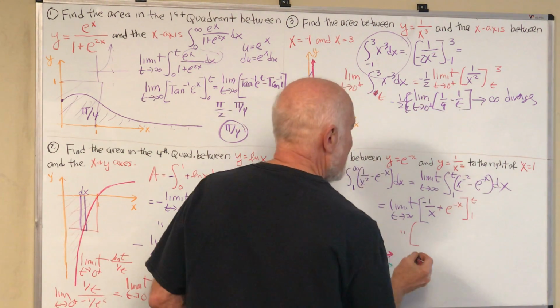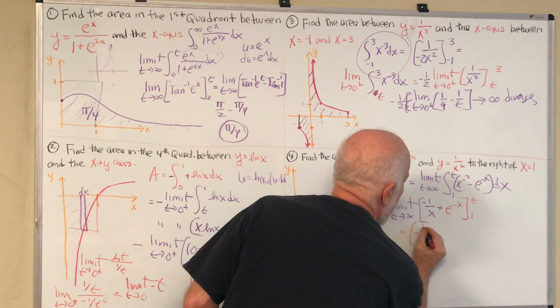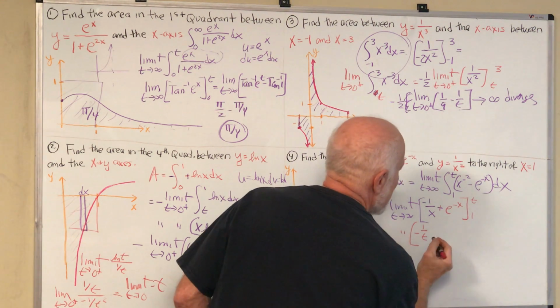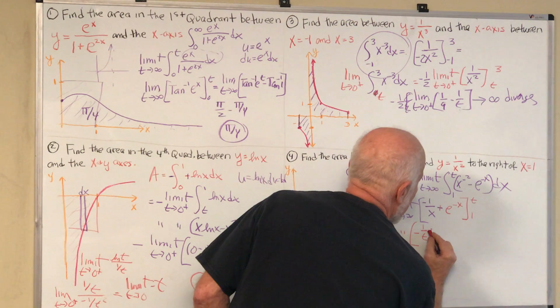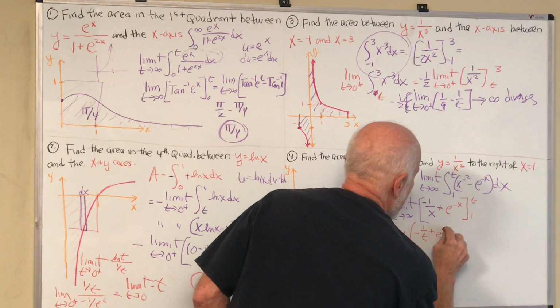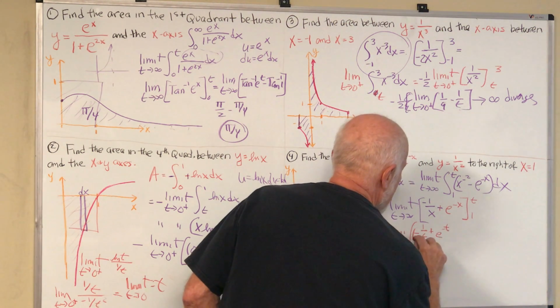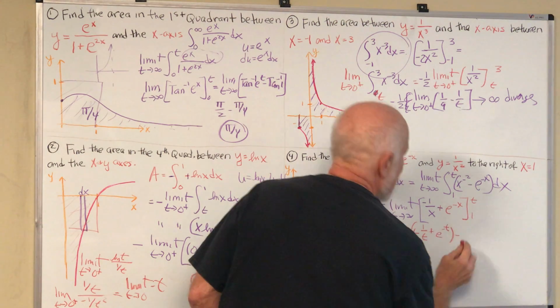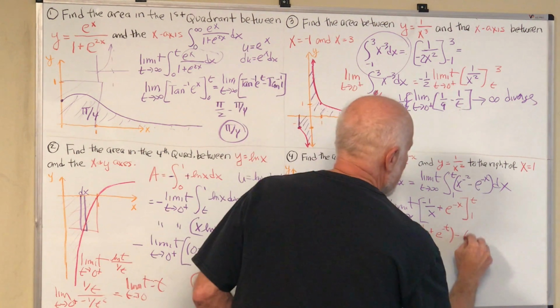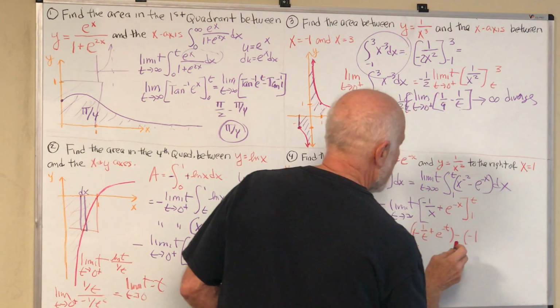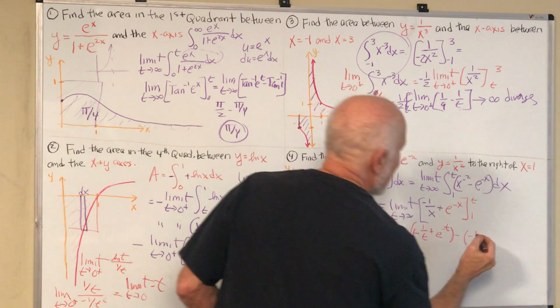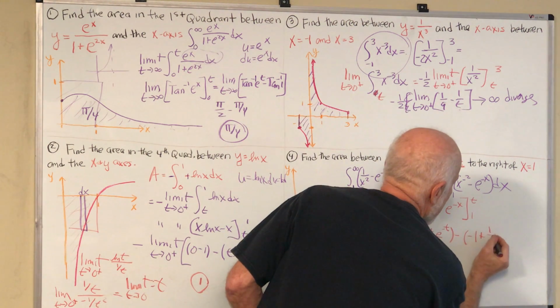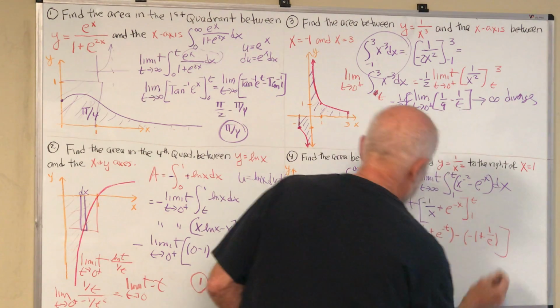So if you plug in t, you get minus 1 over t plus e to the minus t, and then if you plug in 1, you get minus 1 and then plus e to the minus 1.